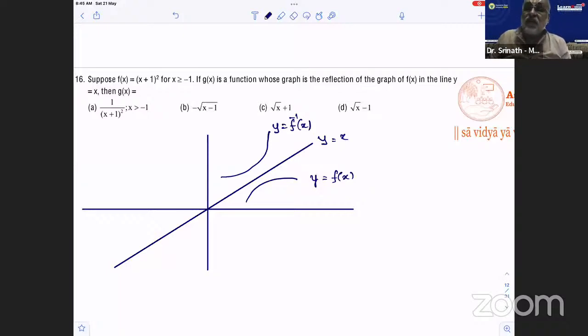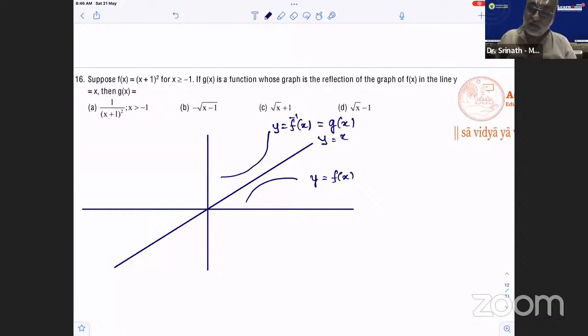So if you have an invertible function, the graph of f inverse x will be the mirror image in the line y is equal to x. This concept you would not have learned in your NCERT book. I'm just telling you. So g of x is a function whose graph is the reflection of the graph of f of x. That means your f inverse of x is g of x.